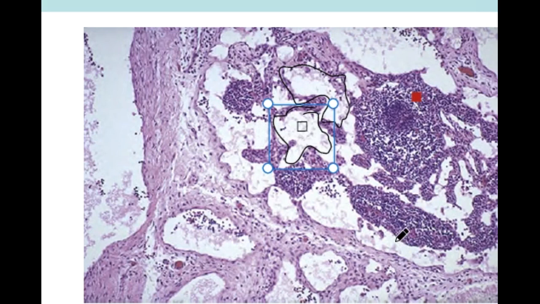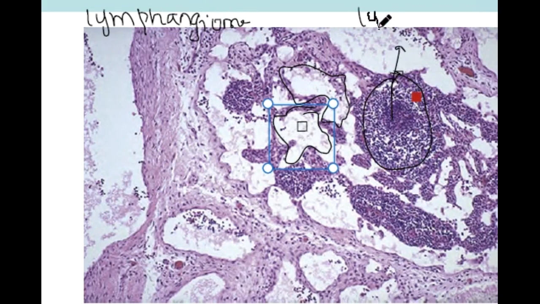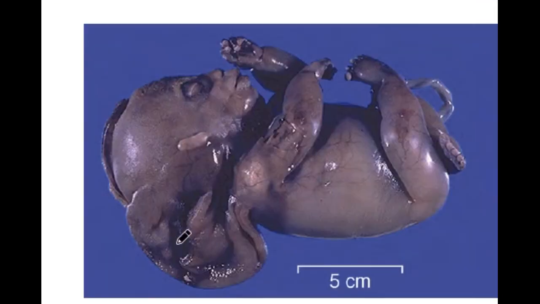That is the reason why these are dilated lymphatic channels, which is called lymphangioma. And these are the lymph nodes which are seen. So this is the picture showing the lymphangioma.